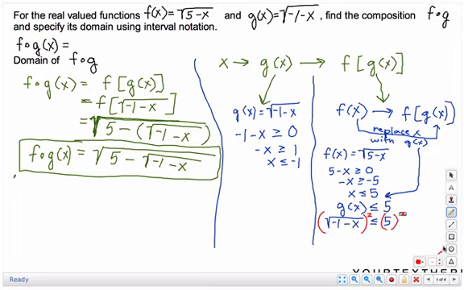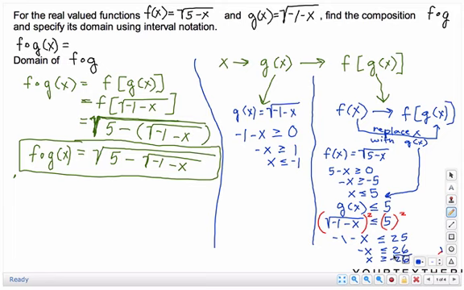So square both sides. And when I do that, squaring something that's square rooted, they undo each other. So I get a negative 1 minus x is greater than or equal to 25. Now I'm going to add 1 to both sides and divide by a negative 1. So x is greater than or equal to a negative 26.